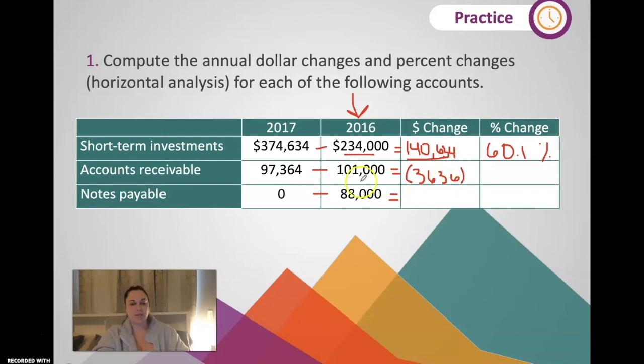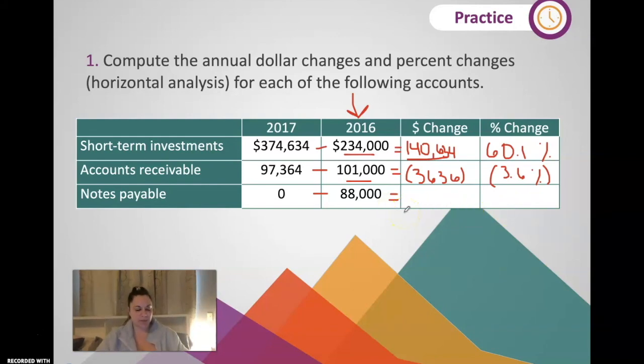Take that number and divide it by the 2016 amount, so divided by 101,000, times 100 to put it into a percent. We got negative 3.6%. Once again, if it's negative, make sure you indicate that it's negative, because this is for other people to look at, and if it's decreased from year to year, you want to let them know it's decreased and not increased. So you do have to be specific with that.